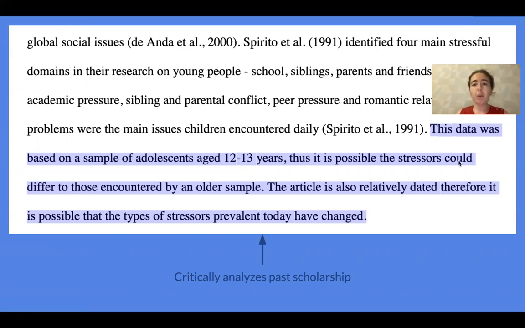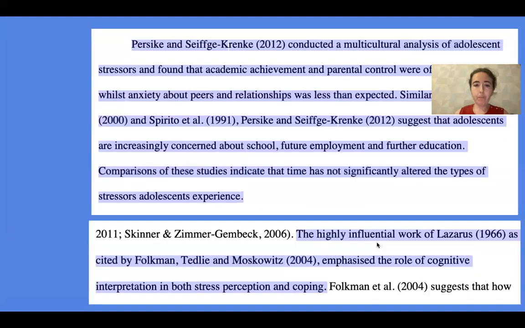So this is an example of how a student can do that critical analysis that I was talking about earlier, right? Looking at things like, is a piece of research old and maybe needs to be updated? Is the sample size limited, or is it maybe not applicable to the particular group that I want to study? Okay, let's look at a couple more examples.